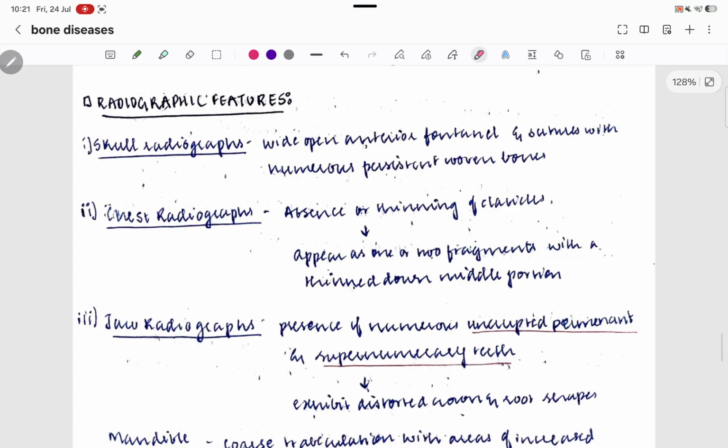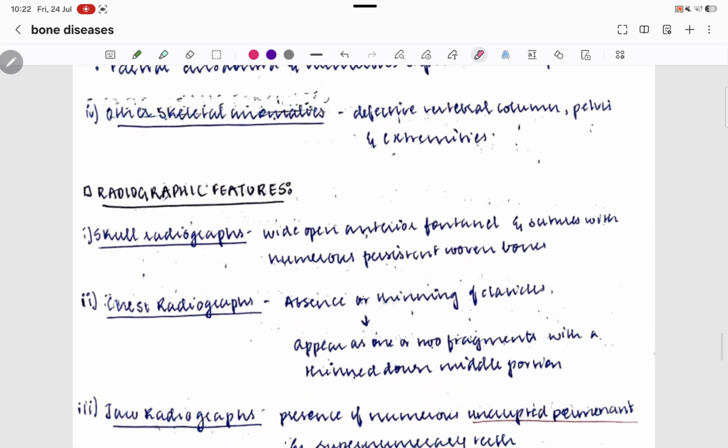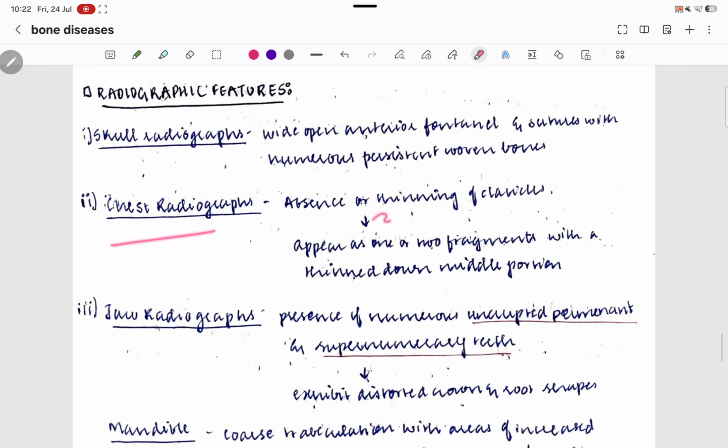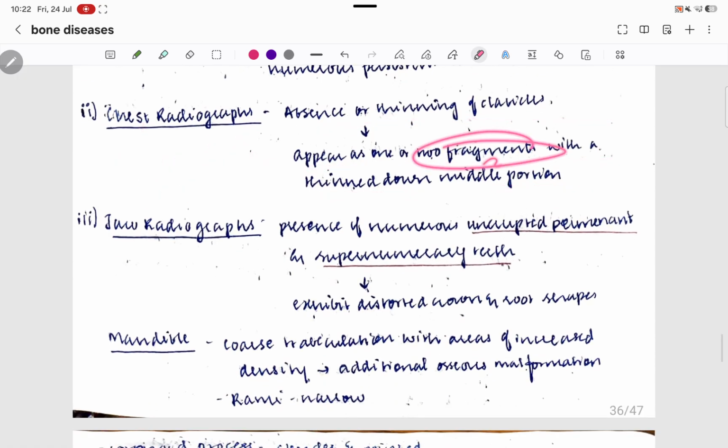Radiographic features include skull radiographs with a wide open fontanelle as we discussed, and sutures with numerous persistent Wormian bones. Then in the chest radiograph, we mainly see the clavicle: absence or thinning of clavicles, or appearance of two fragments with a thin midline portion, so a very thin clavicle is observed.